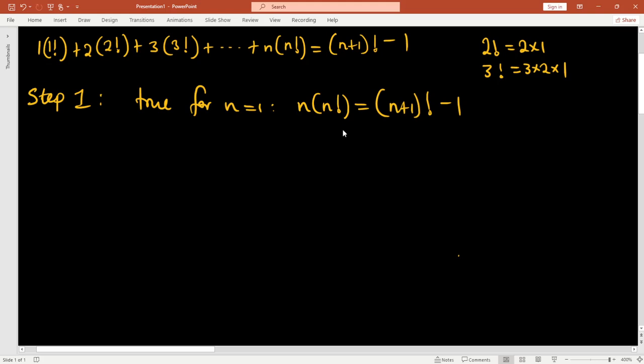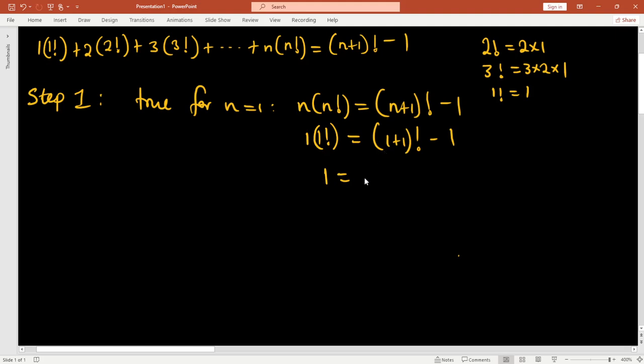Now, we have to show that the statement is true for n equals to 1. So where there's n here, we substitute with the 1 there. So we have 1, open brackets, 1 factorial equal to 1 plus 1 factorial minus 1 here. So 1 factorial is just 1. So 1 times 1 we get 1 equal to.